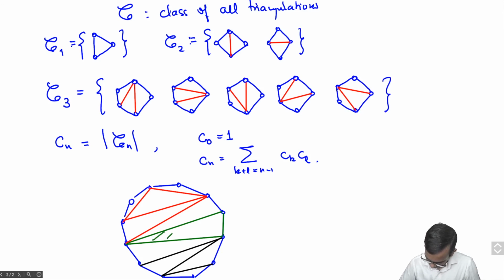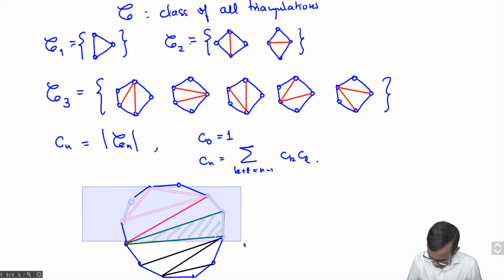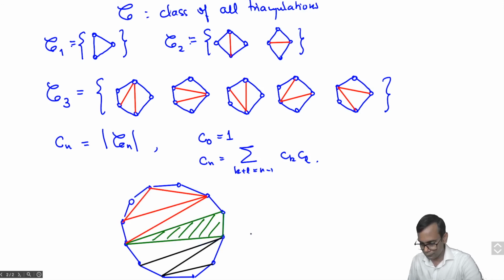So totally I have two triangulations, and the total size is one less than the original triangulation, and that is exactly, so this whole thing is Cn, and this black and red pair is a Ck times Cl, where k plus l add up to n minus 1. So if I wish, I can just take this piece and cut it out.